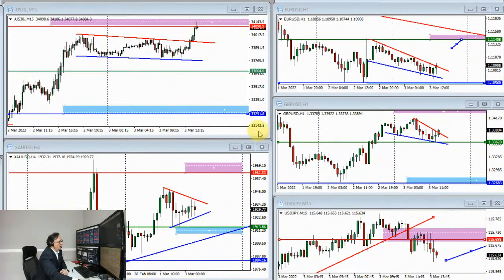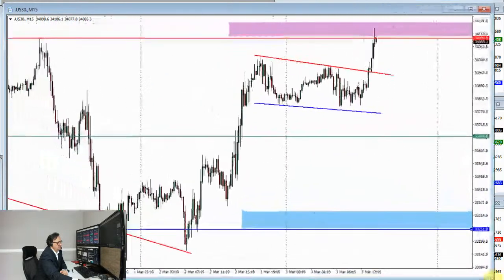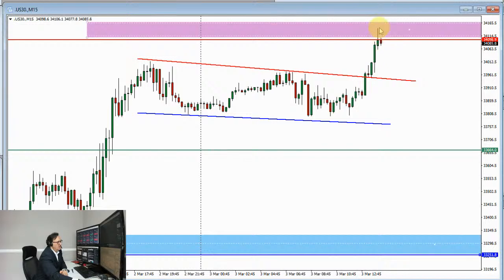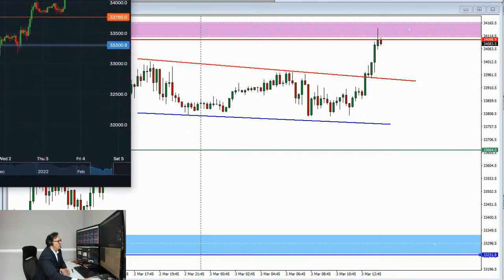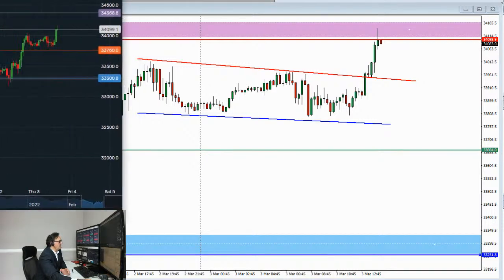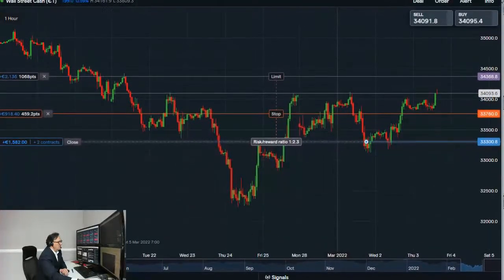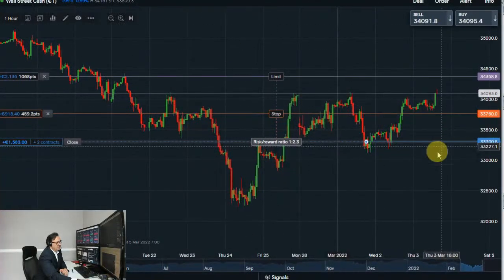So now, where is that Dow trade? So look, there is a little bit of profit taking. You can see that the wick, there is selling pressure here. So I was really happy I took some partial profits when I did earlier on, because this type of approach is almost like a self-fulfilling prophecy.